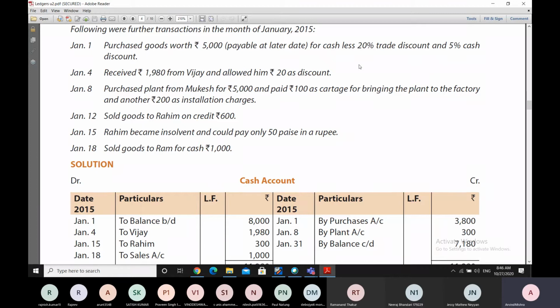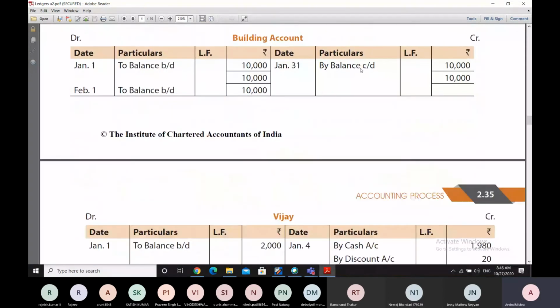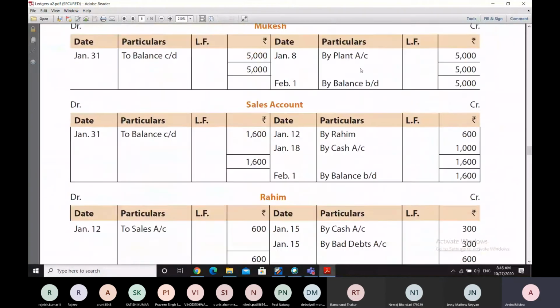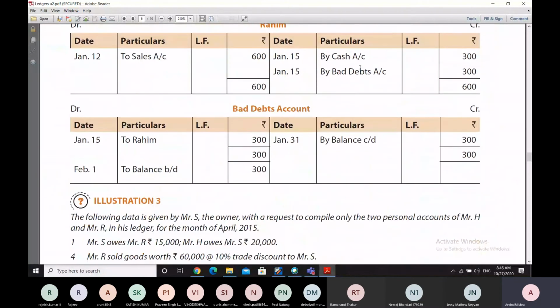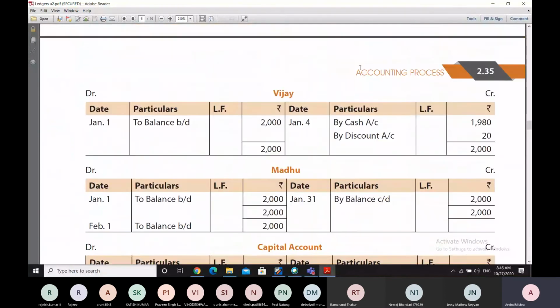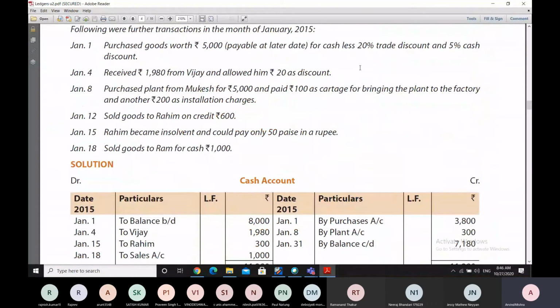So let us see how the calculation of this amount is being made here. Otherwise what we can do is straight away we can just calculate it.